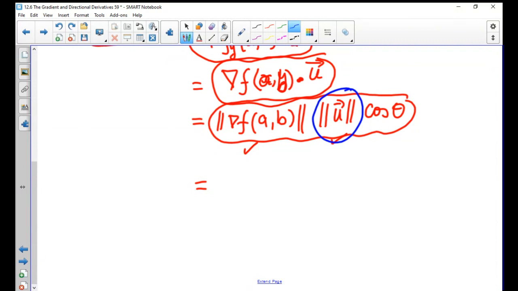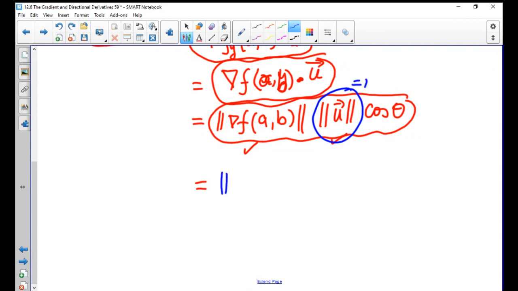What is the magnitude of u? If you take a unit vector, what does it mean about its magnitude? One, yes, this is equal to one.